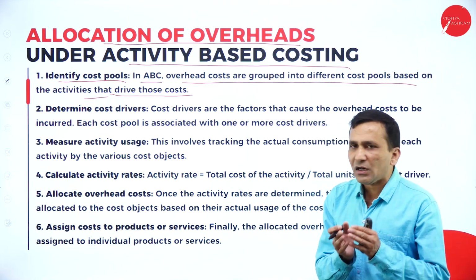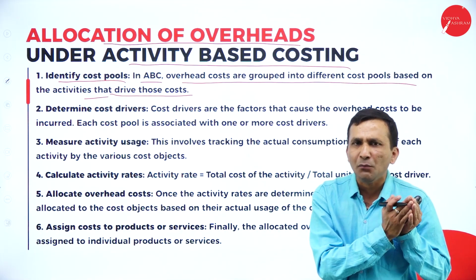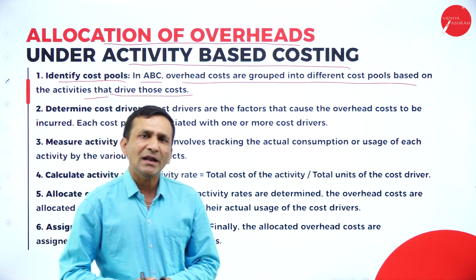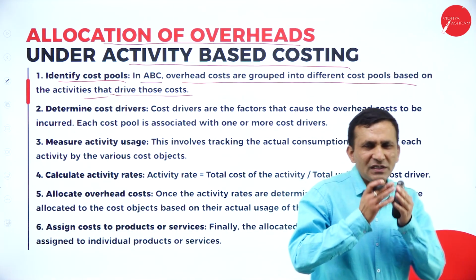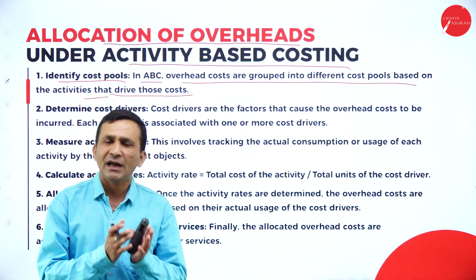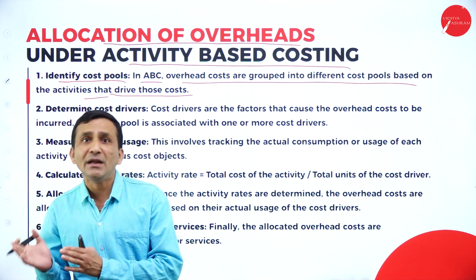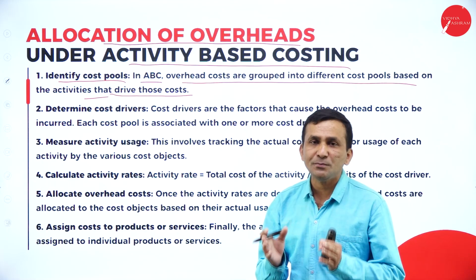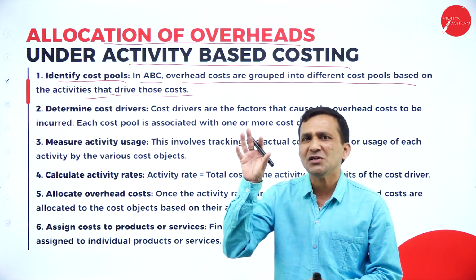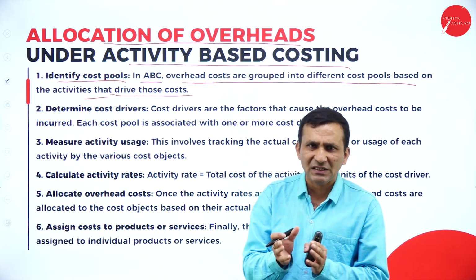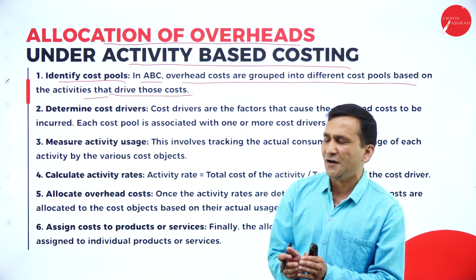Because in ABC we need more clarity on how much we are charging, and what value-added cost is added. Non-value added means that management takes action to eliminate or reduce the cost. That is the identification of the cost pool, which is nothing but how you are charging. For each and every activity, how much you are charging, and what cost is incurred.